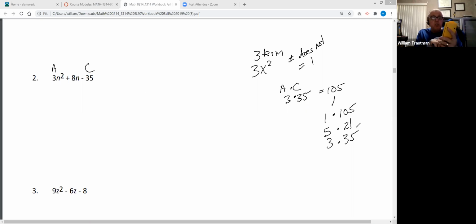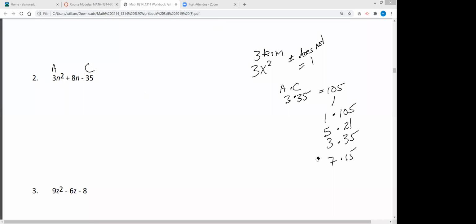Watch what happens when you do 105 divided by 7. I get 15. 7 times 15 is 105. And I think I got them all. 21 has 3 and 7, we have that. 35 has 7 and 5, we have that. 15 is 3 and 5. So it looks like we got them all.